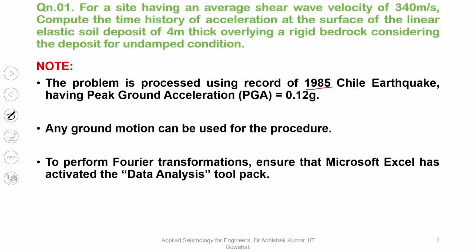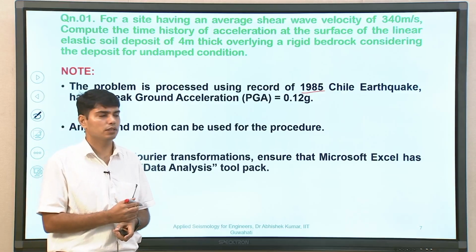Firstly, one has to do Fourier transformation, because the record for the Chile earthquake or any other earthquake will be given in terms of acceleration time history or velocity or displacement time history. So, we have to find out the Fourier spectra, which can be done using fast Fourier transformation. You can use different tools to do fast Fourier transformation.